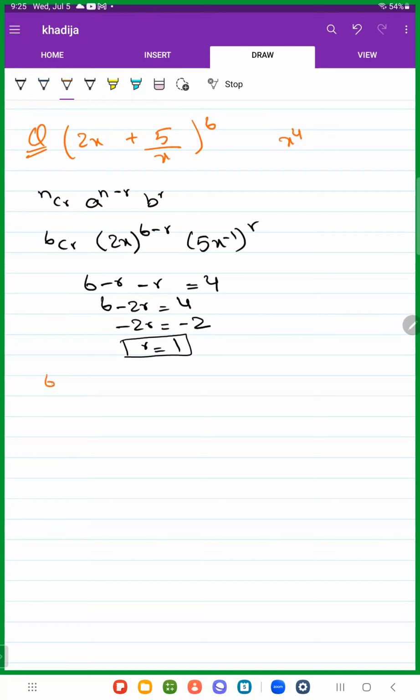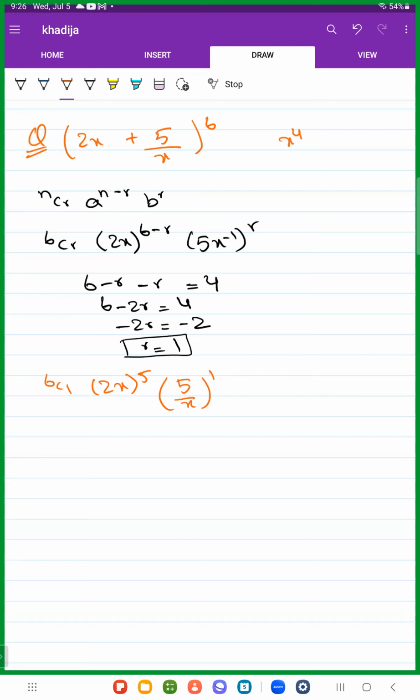So I have 6C1, 2x, 6 minus 1 is 5, 5 upon x to the power 1. Can you try to do this? Yes.